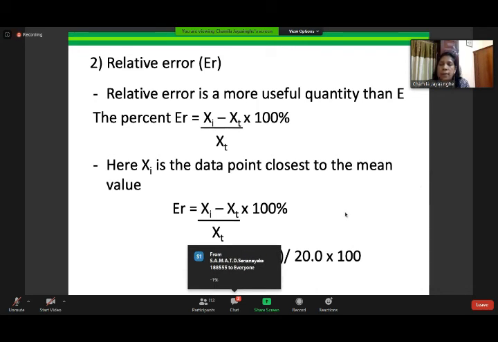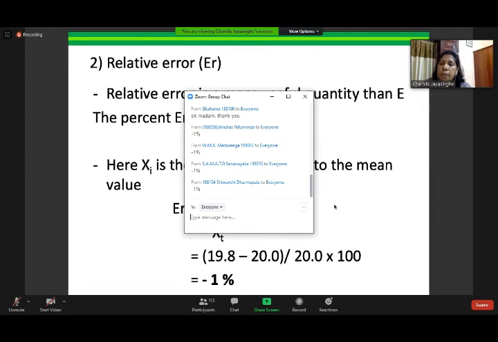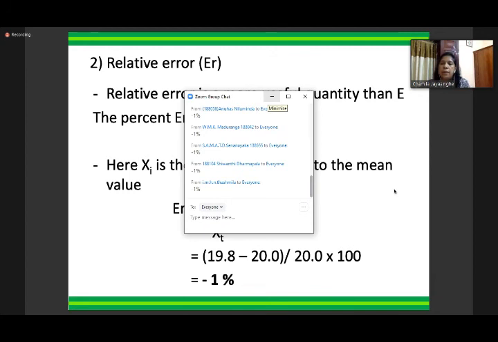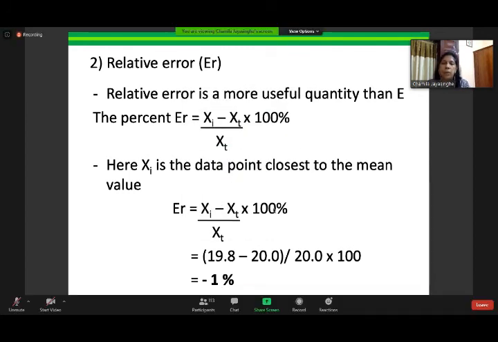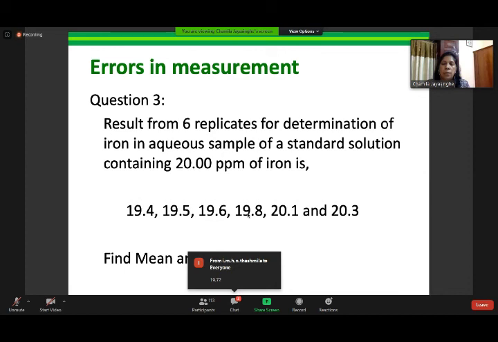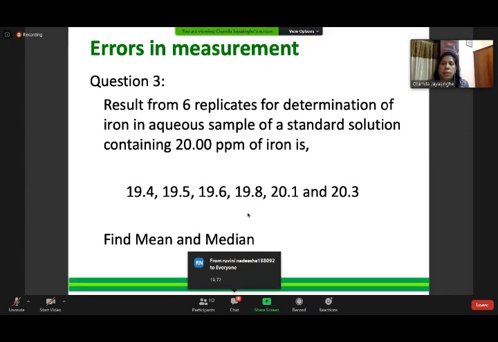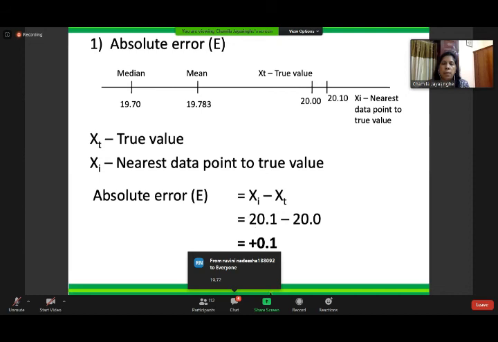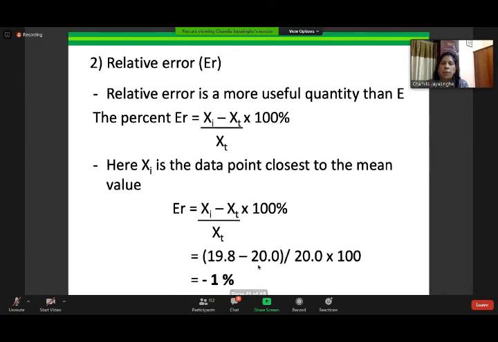What would be the new mean value once you remove that 20.1? Someone can type 19.72. If it is 19.72, the nearest is 19.8, minus 1. Good. Now you have got the point.